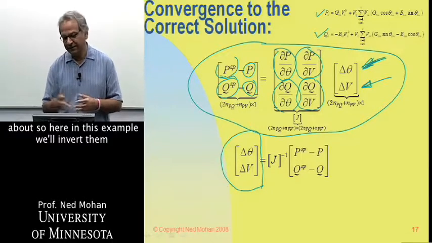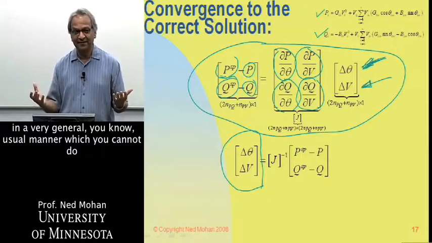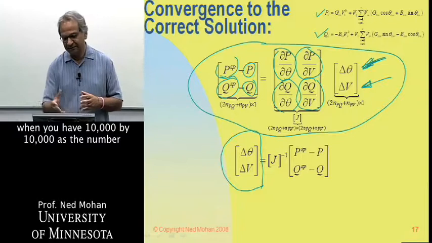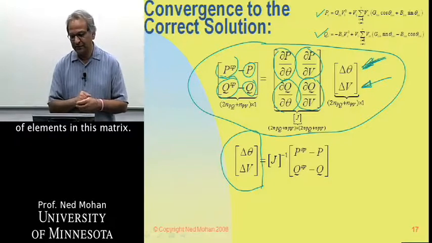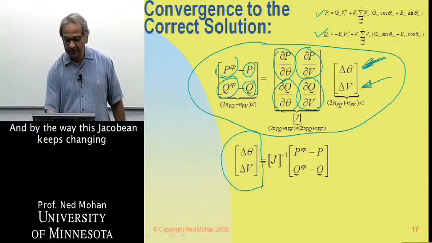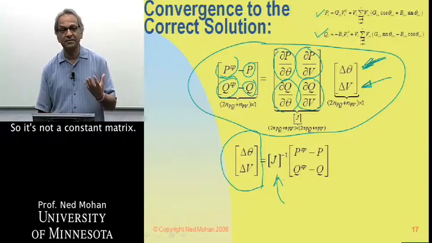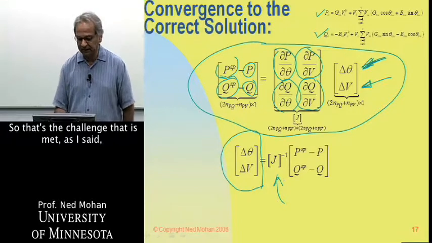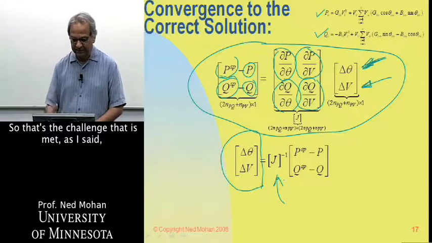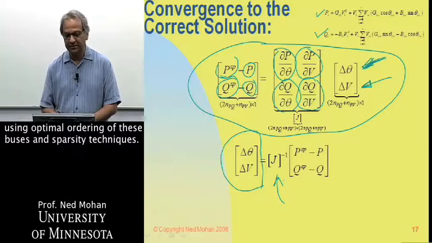So here in this example, we'll invert them in a very general, usual manner, which you cannot do when you have 10,000 by 10,000 as the number of elements in this matrix. And by the way, this Jacobian keeps changing from one iteration to the next. Okay, so it's not a constant matrix. So that's a challenge that is met, as I said, using optimal ordering of these buses and sparsity techniques.